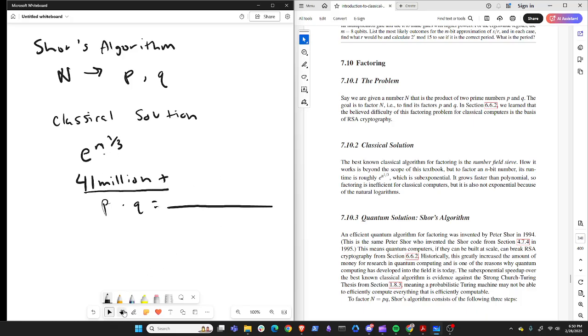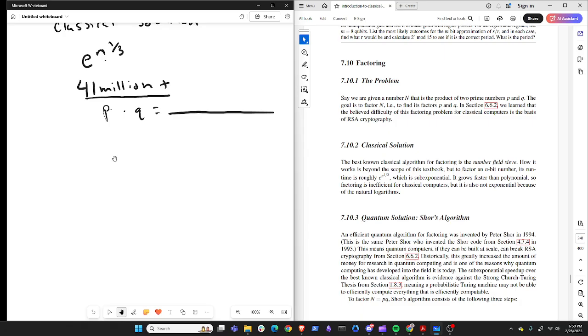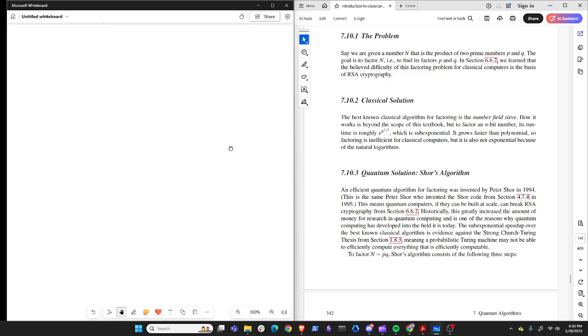So even with the most efficient means, the sub-exponential solution, it still takes quite some time. So the quantum solution is Shor's, and theoretically they can break RSA if they could get enough qubits going and efficient enough error correction.